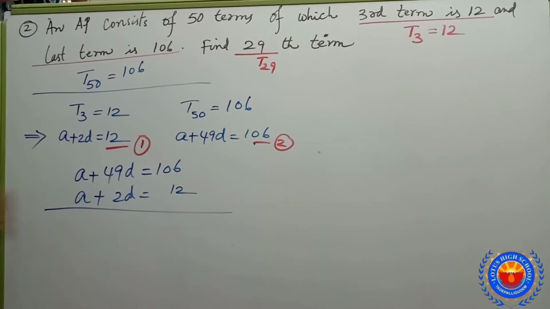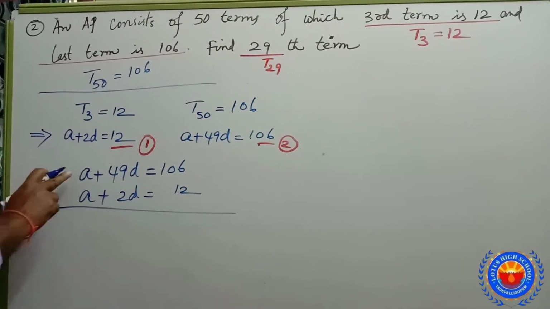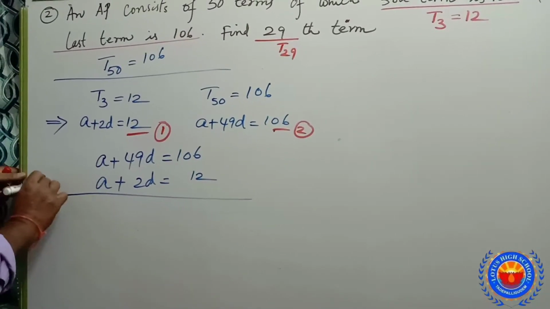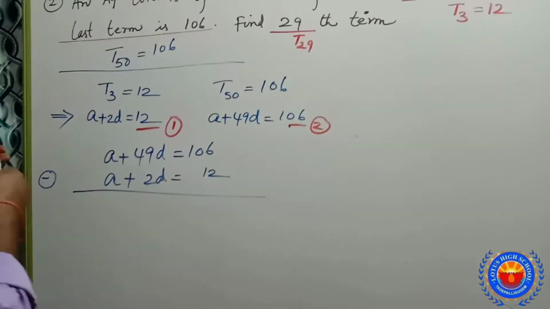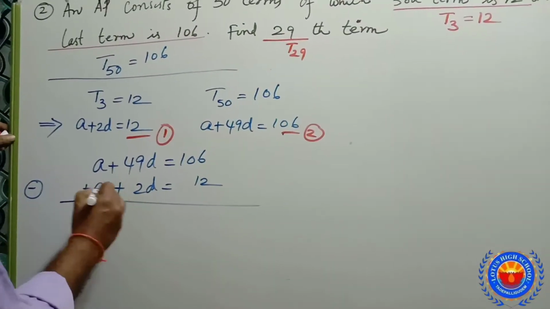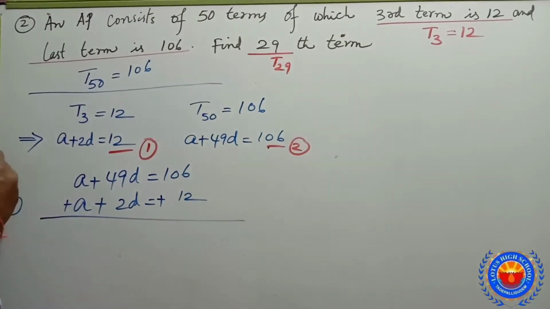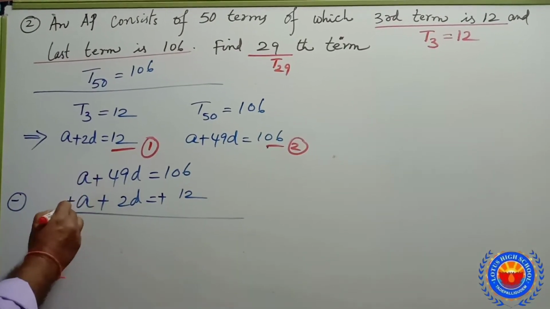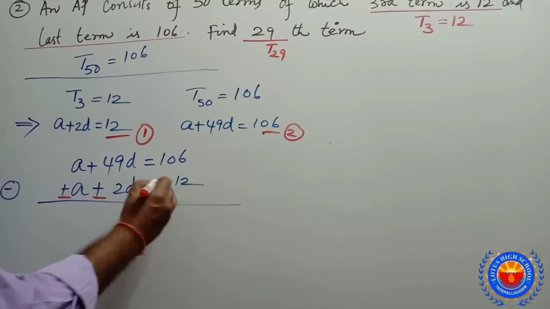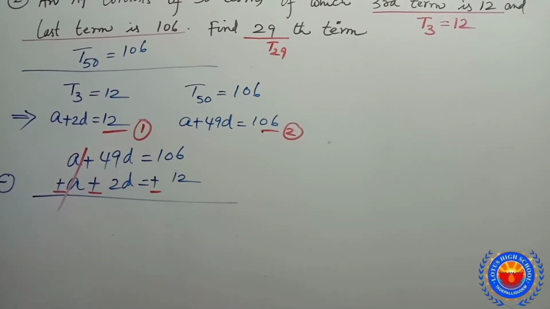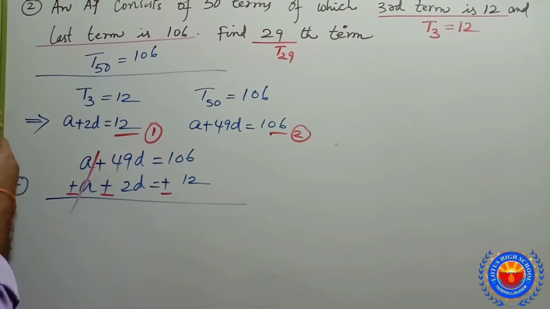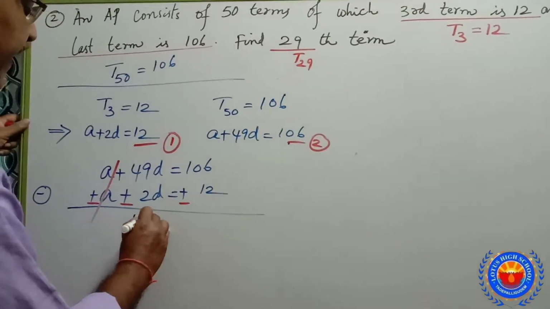Both are positive, that's why I have to go for subtraction. Because of this subtraction, each plus becomes minus. a and minus a will be cancelled, and 49d minus 2d is equal to 47d.